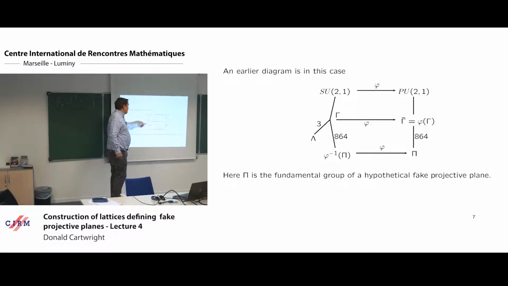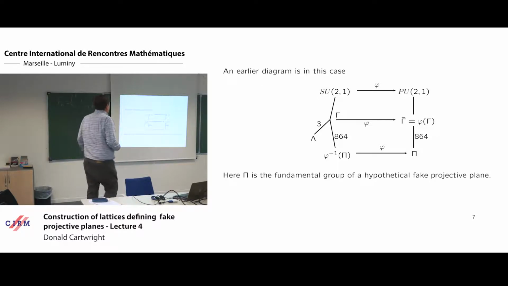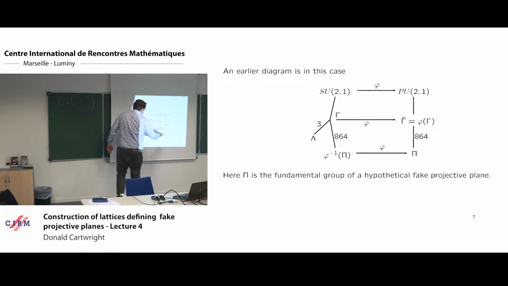Previously there was a 3 to the alpha, it's 3 to the 1 because we're in the matrix algebra case. And we're imagining pi as a fundamental group of a projective plane. We're looking for finite projective planes, fake projective planes, and we know that its pullback in SU(2,1) has to sit like this.